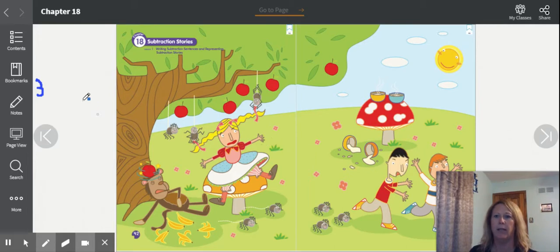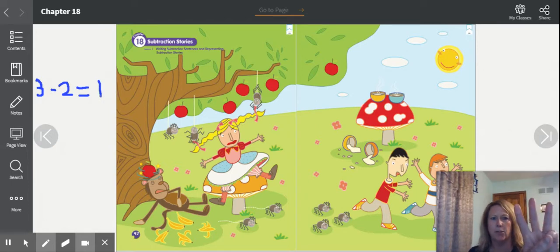So if we take away, let me put my minus sign, take away 2, that means that there is only 1 child that is behind. So now we have 3 children, 2 went away, and only 1 is still sitting in the picture. So 3 minus 2 equals 1.